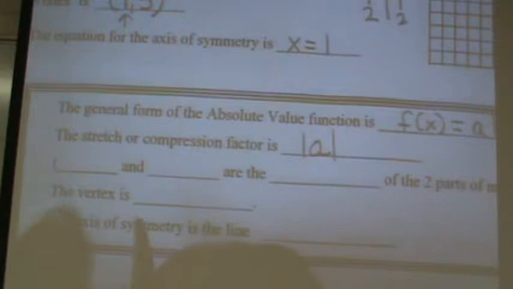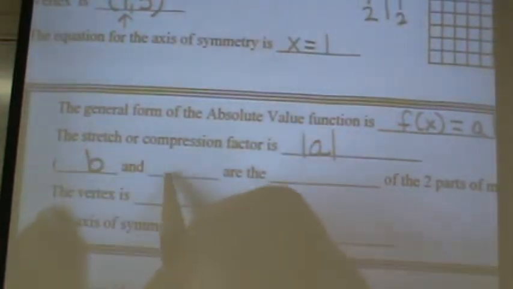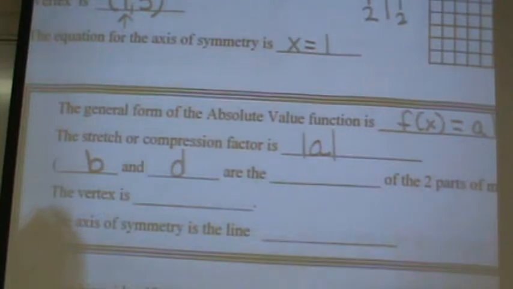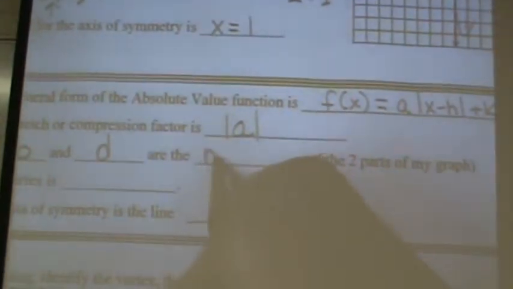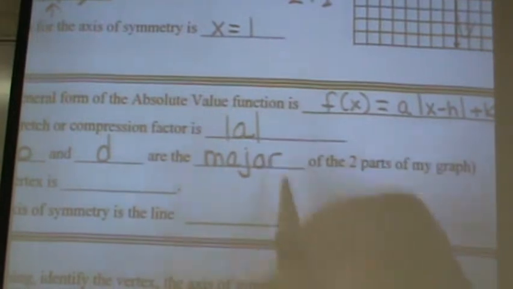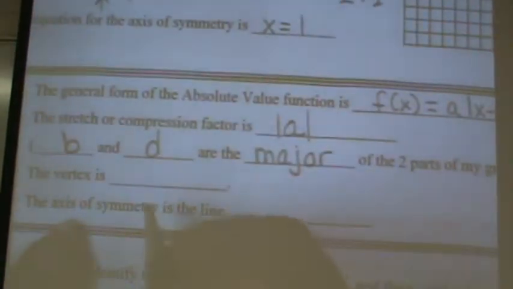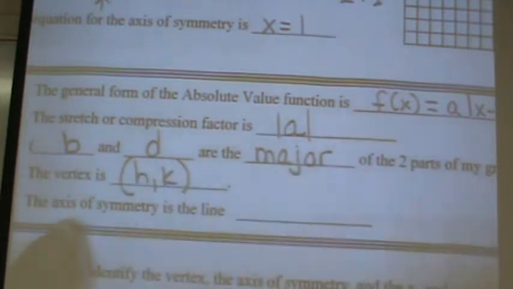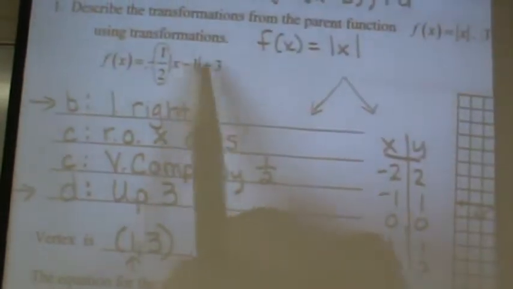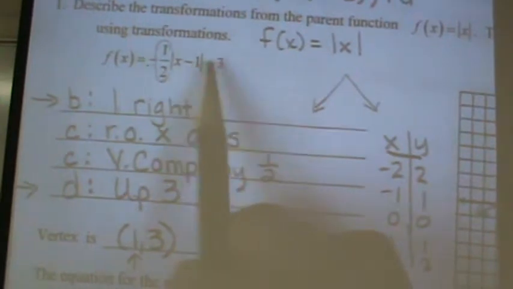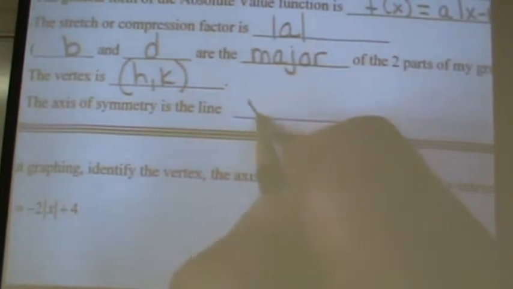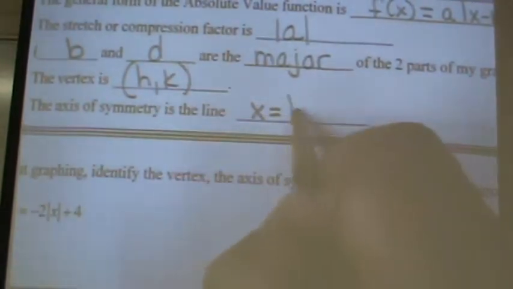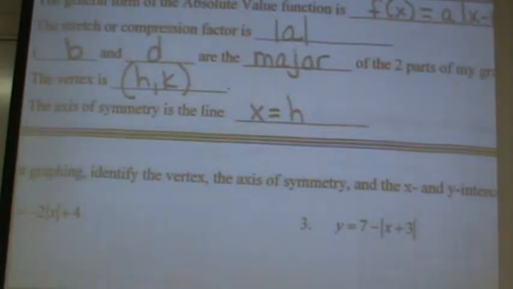I want to just say that B and D are the two major parts of my graph, and that's going to give you your vertex. The vertex is the h comma k value, but your B and D are very important. These two are going to shift your graph left and right, the B and the D value, okay? So the axis of symmetry is the line x equals whatever h is, that's going to give your axis of symmetry.